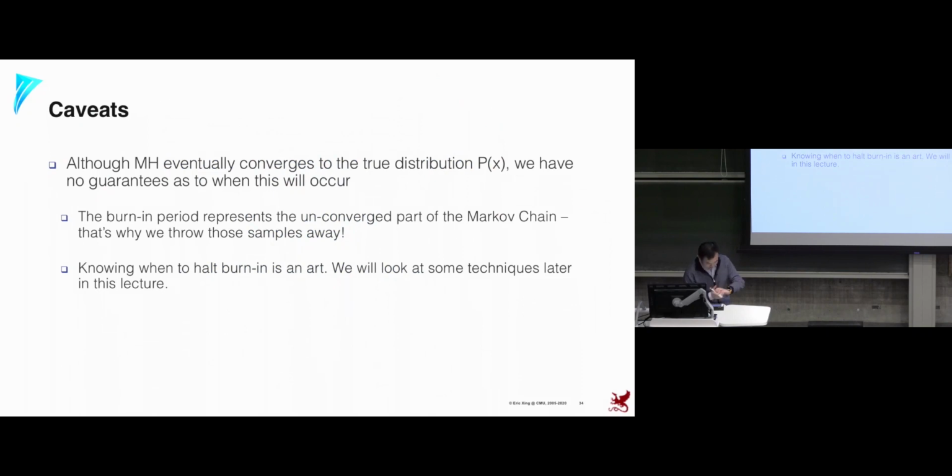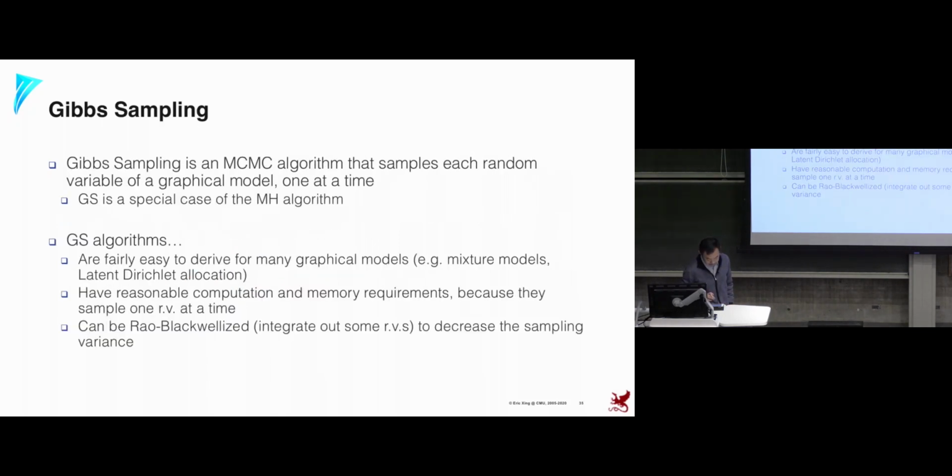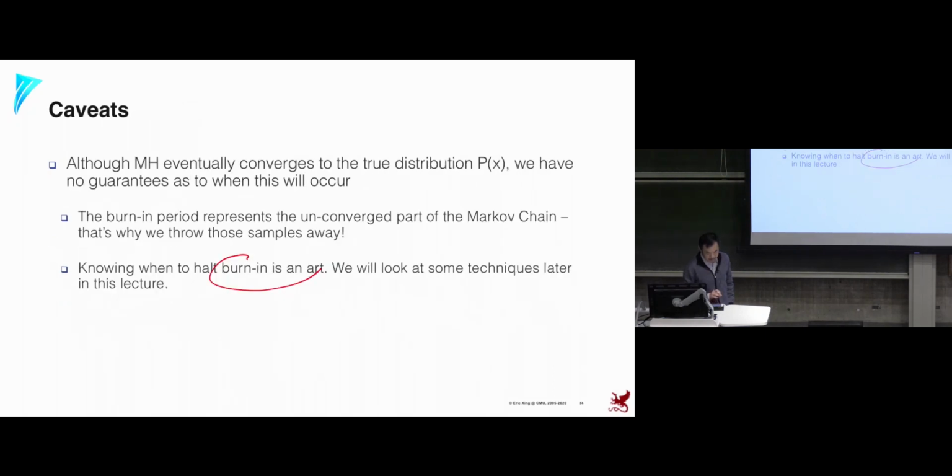Okay, so again, every algorithm has some caveats, and here I mentioned a few. There is a dirty art involved in how long you burn. And then there is also the cost of computing the A of X, which is a little bit tedious, and it costs you very often rejection as well.